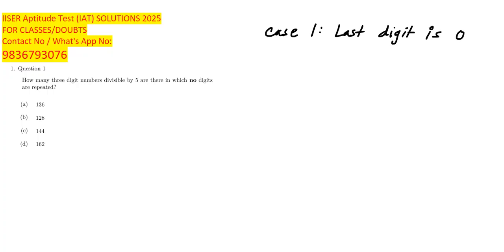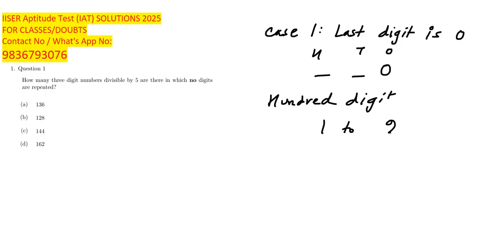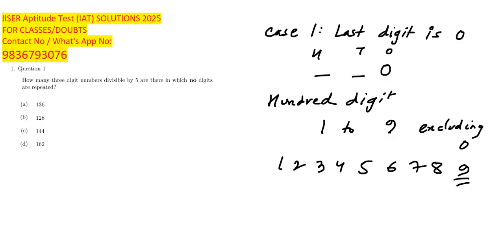Suppose it's a 3-digit number, with 0 at the end. Then the hundreds digit, like we have done ones, tens, hundreds, can be from 1 to 9, anything excluding 0. So how many options am I having? 1, 2, 3, 4, 5, 6, 7, 8, 9, 9 options. Now coming to the tens digit.